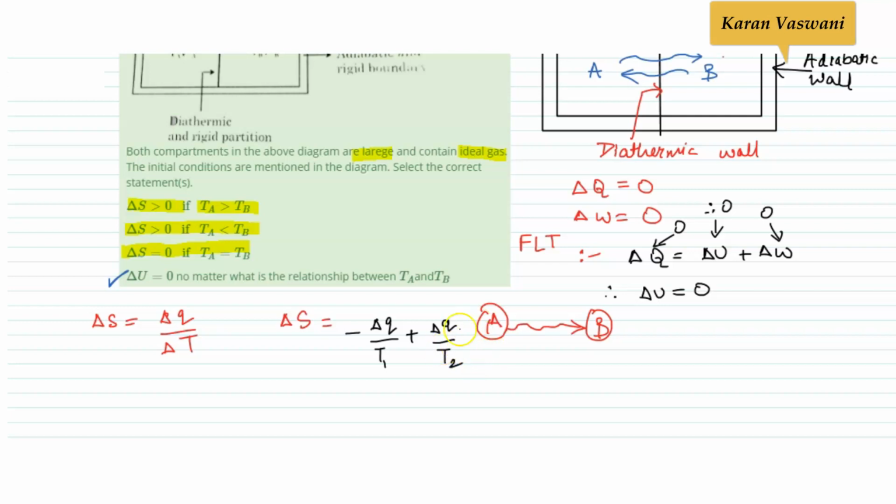So T1 will be greater than T2, so entropy change will be greater than 0. But in the given conditions ideal gas is said, therefore no matter whether TA is greater than TB or TB is greater than TA, entropy change will always be greater than 0.